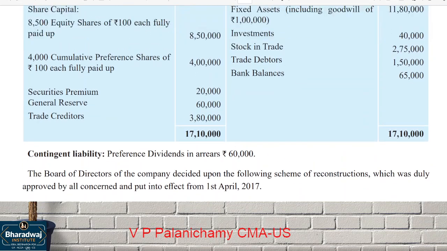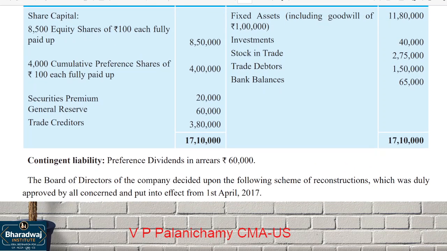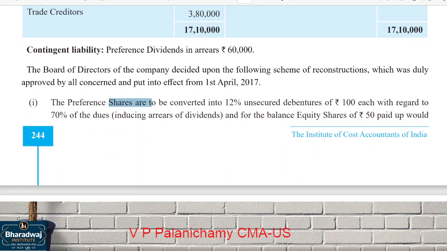Shall we try to pass the journal entry? Here, are the arrears of preference dividend cancelled or payable? Arrears of dividend is cancelled or becomes payable? Payable. How? Clearly given. Preference shares are to be converted into 12% debentures of 1 each with regard to 70% of dues including arrears of dividend.